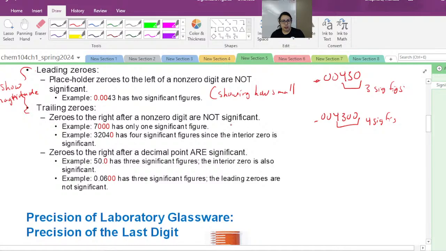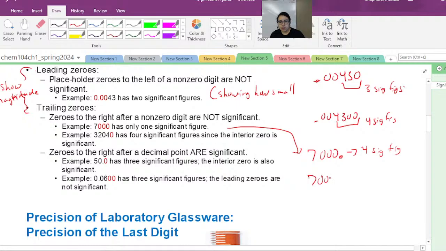Let's look at what happens if we do 7,000, but then put a period. Now that's significant. Once you have that decimal there, it is showing that it is accurate. This is weird because usually you don't have a 0 there, but if you were, that would show 4 sig figs.